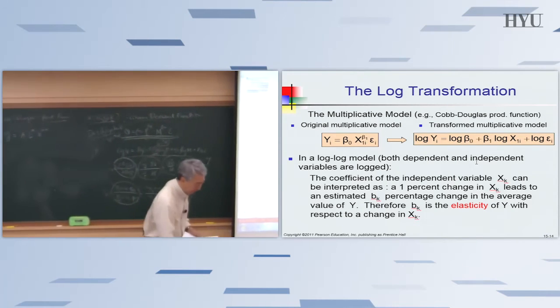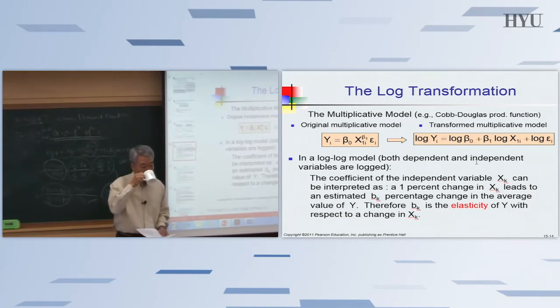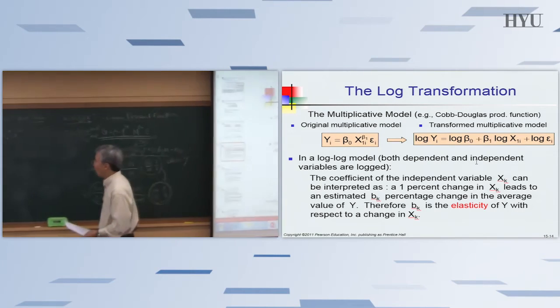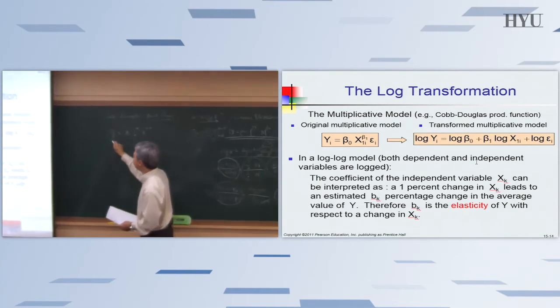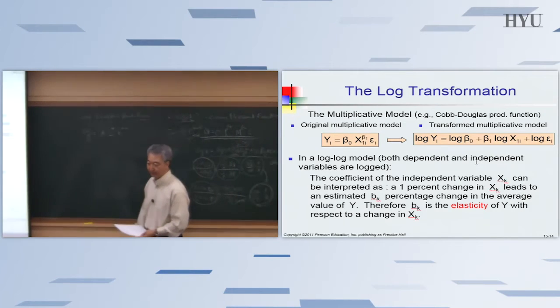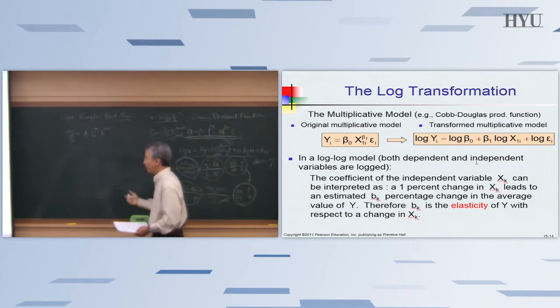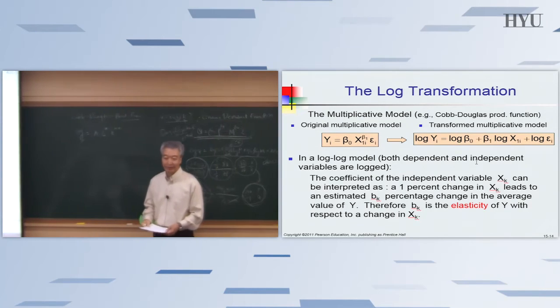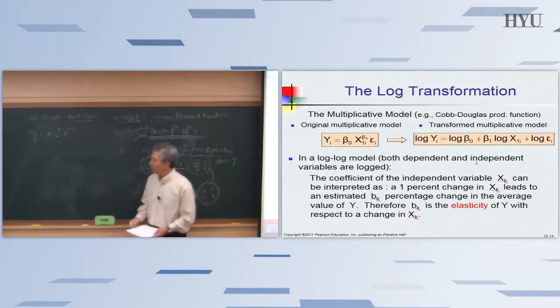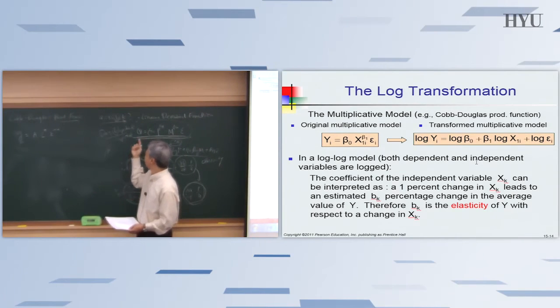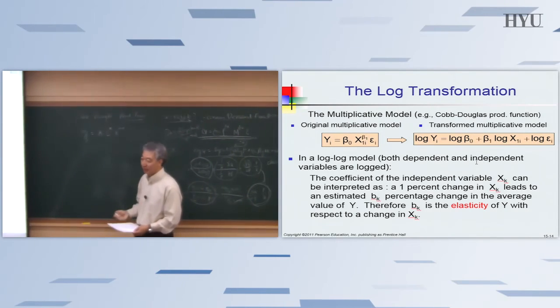And Y represents output. Well, why not Q? Why do we use Y? Well, in microeconomics, we use Q for output. In macroeconomics, we use Y for output.